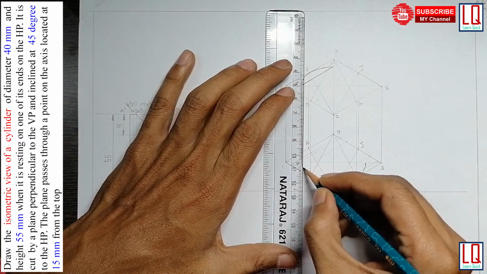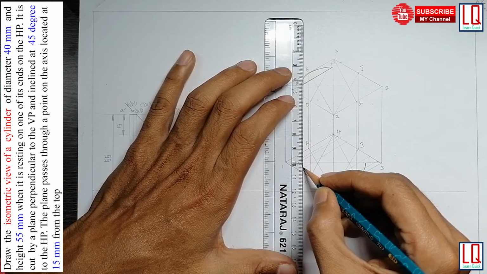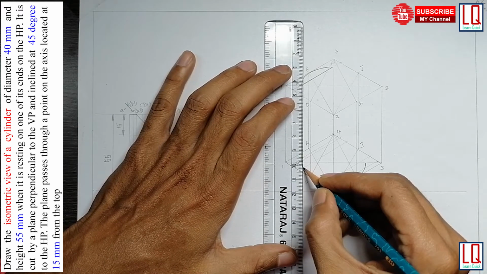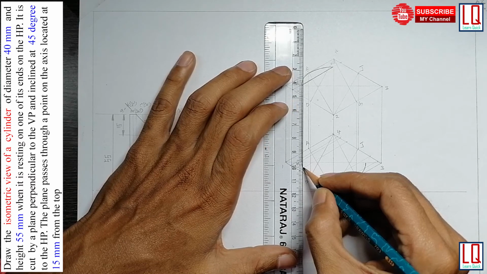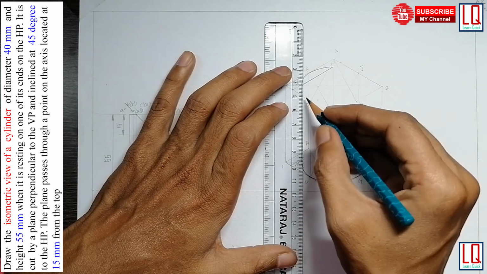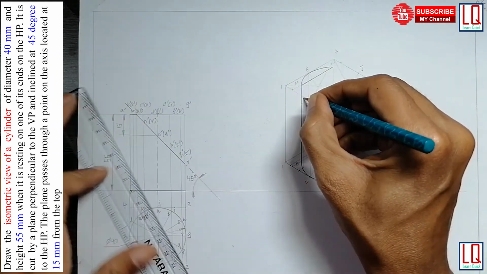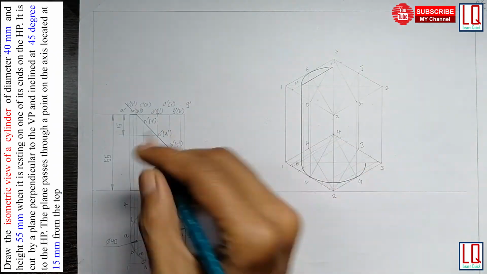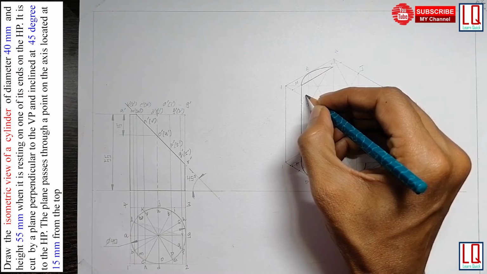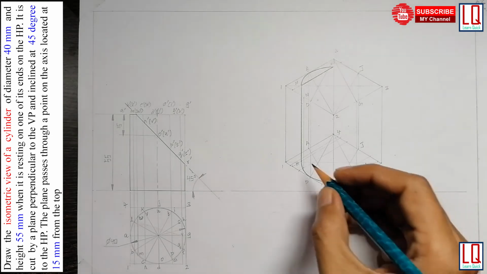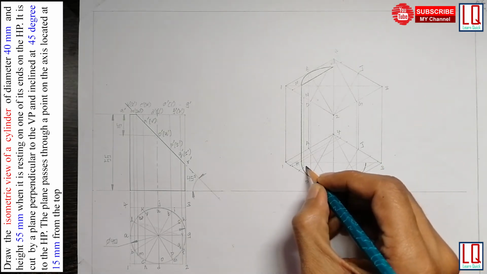So from C I draw 50 mm, and I mark this point as capital N, and here I mark as capital C.